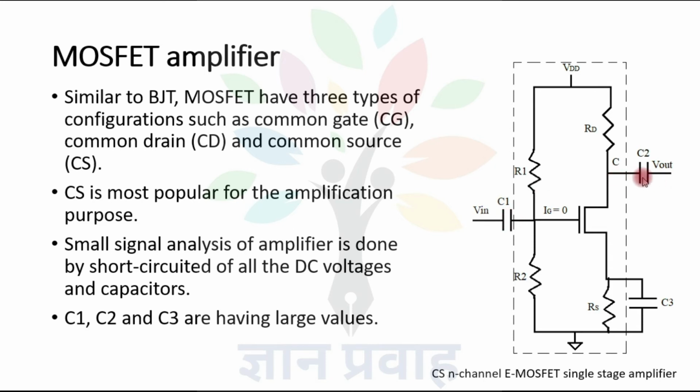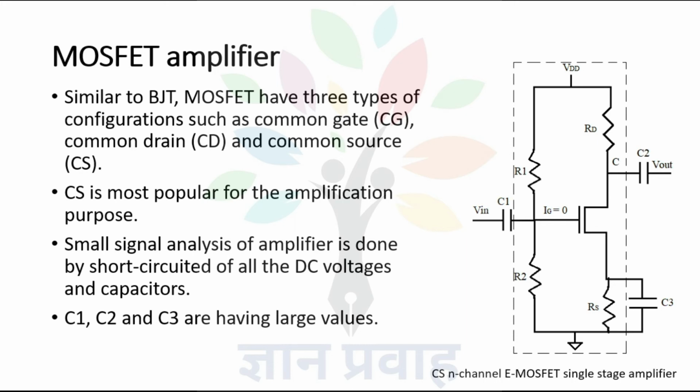C1 and C2 are the coupling capacitors which couple the input to the circuit and the output of the circuit to the next stage input signal. C1, C2 and C3 will be open circuit for DC analysis of this single stage amplifier, and they have large values.